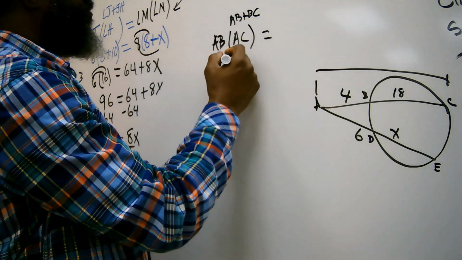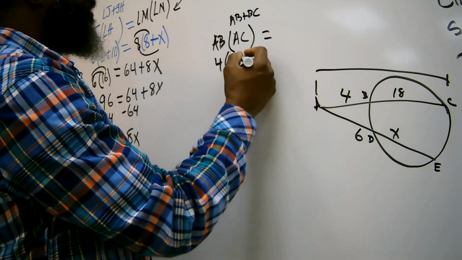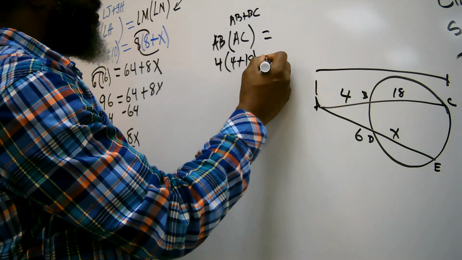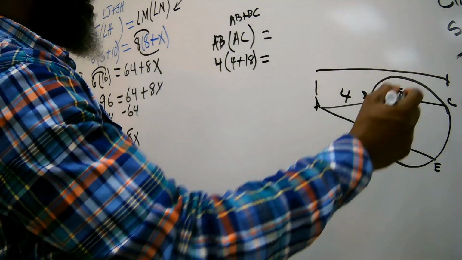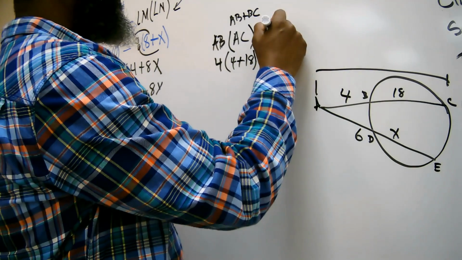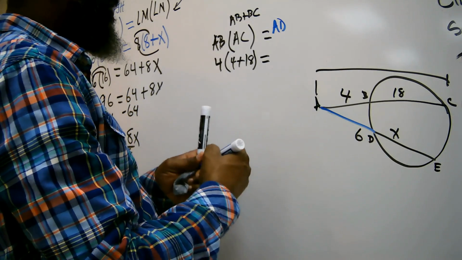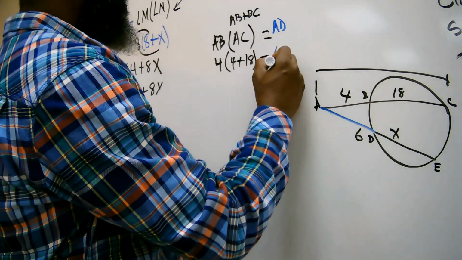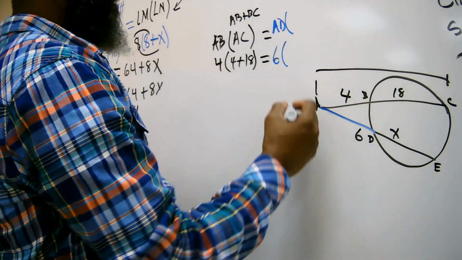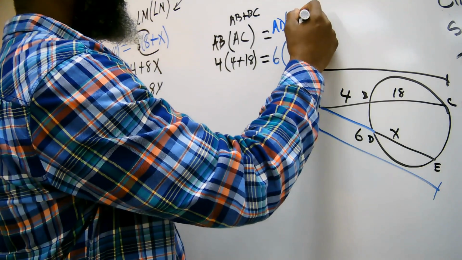In this case, AB is 4 plus BC, which is 18. Then you're done with that first secant. The second secant will be AD, the external part, which is 6. We'll have 6 times the entire secant, which is AE.